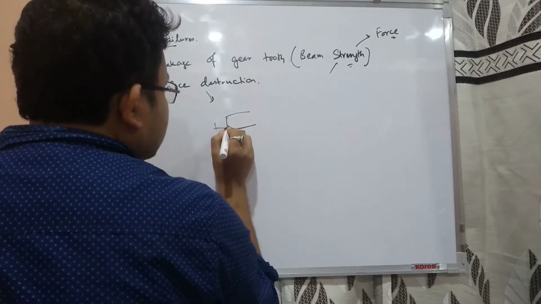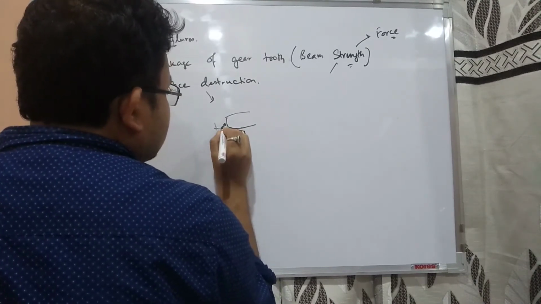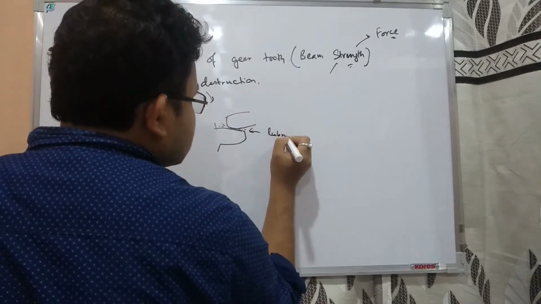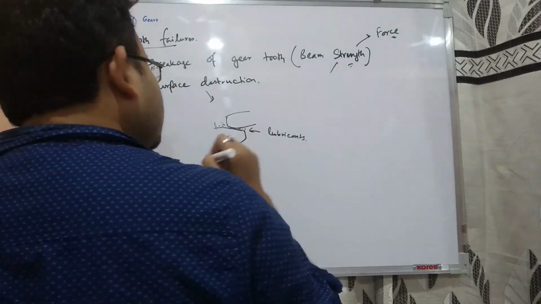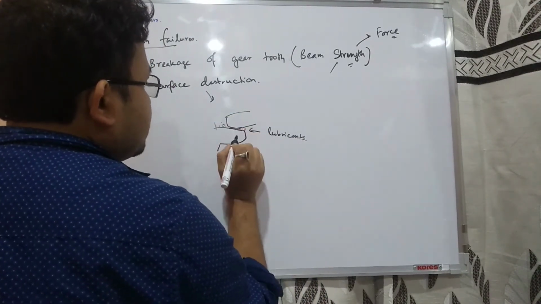We don't want them to slide over each other, and we don't want them to physically contact, so we put lubricants in between them, like we did in your bearings. Here also we put lubricants. Now due to heavy load, the lubricant film may break.